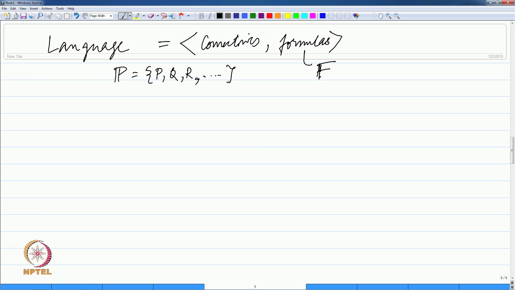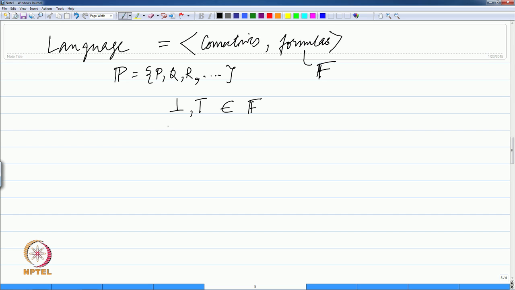So, this set F is defined by structural recursion as follows. These two symbols, the propositional constants that we had, will belong to the set of formulas F. By definition, they are always there.